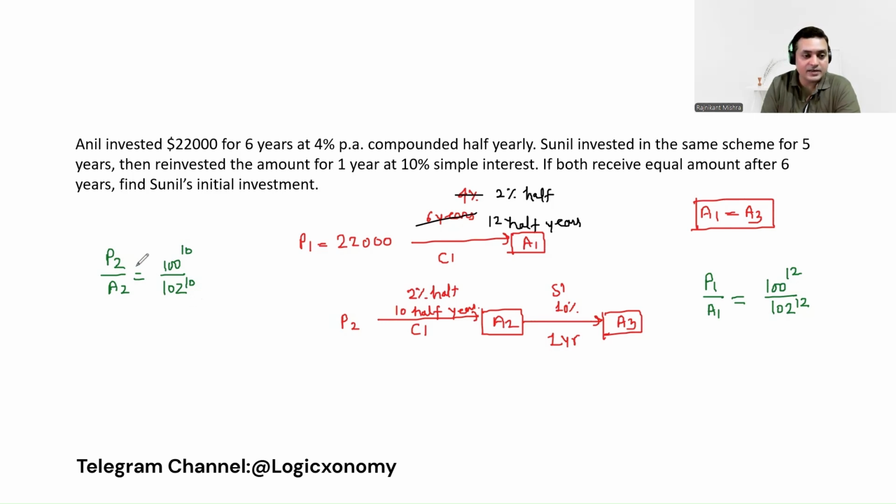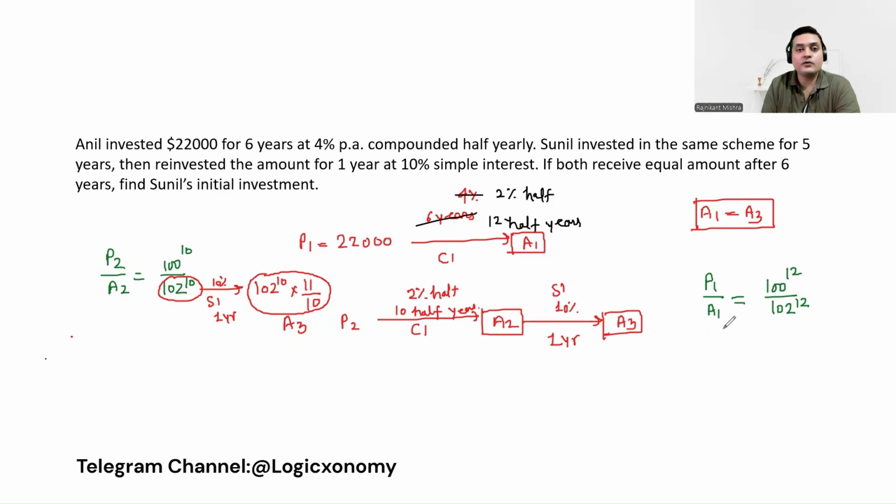After that, this 102 to the power 10 is reinvested at 10% per annum SI for 1 year. So after the 10% increment, this amount becomes 110% of 102 to the power 10. To make it 110%, we need to multiply this amount by 11 by 10, or 110 by 10. This is your A3 amount.